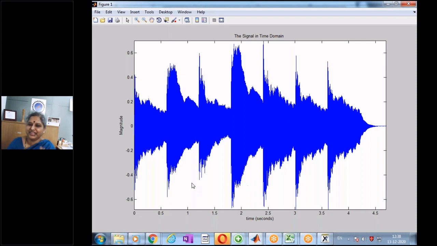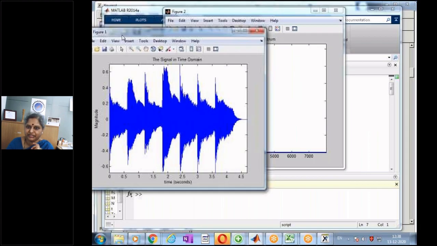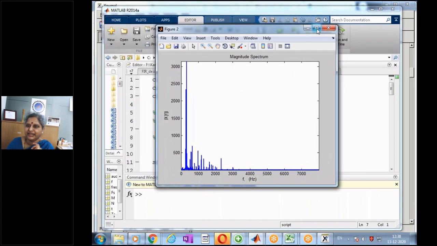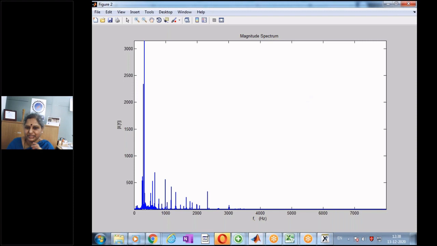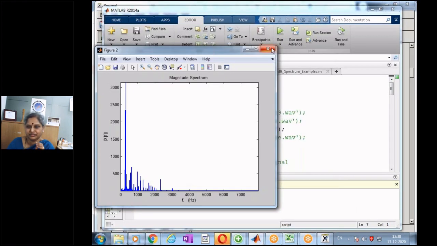This is the magnitude, and the time for which this audio file has been recorded is around 5 seconds. Let us look at its spectrum. It has frequency components up to around 3000 hertz, and later on the spectral amplitude is almost nil.